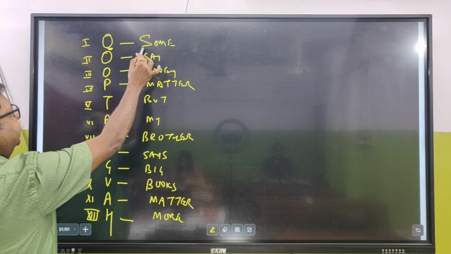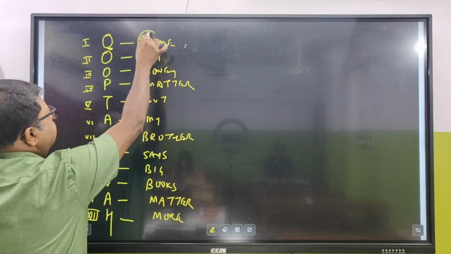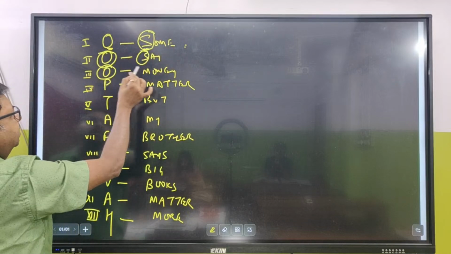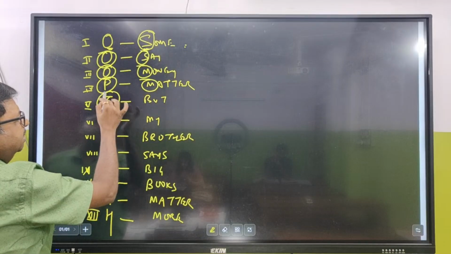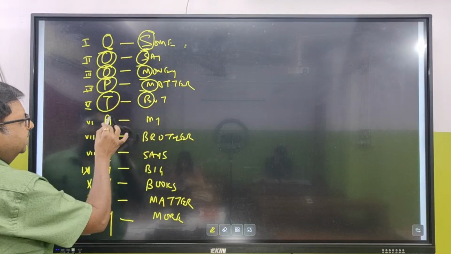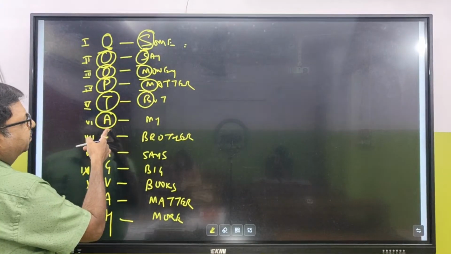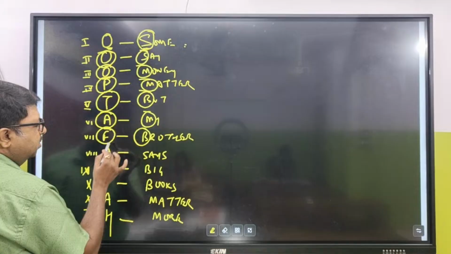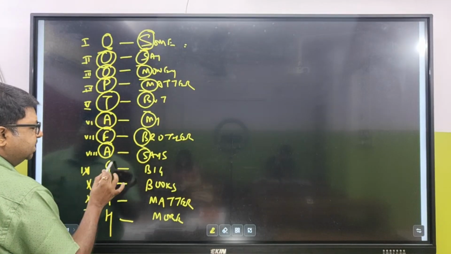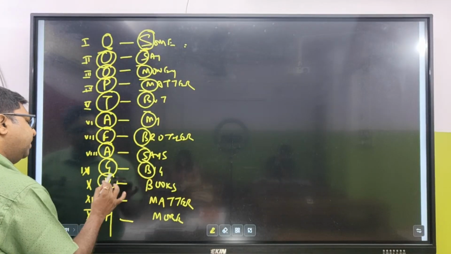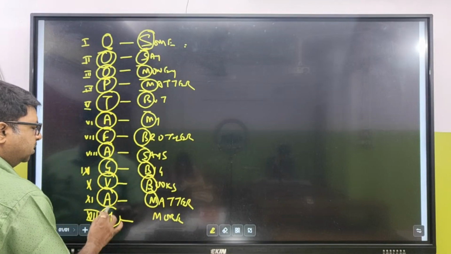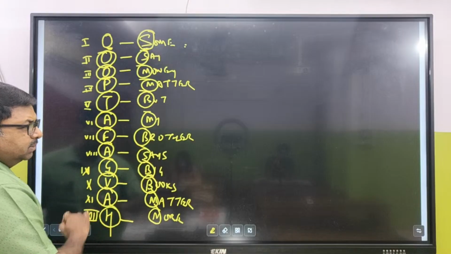The first one, olfactory, is sensory. Optic, sensory. Oculomotor, motor. Pathetic, motor. Trigeminal, both, mixed. Abducens, motor. Facial, both. Auditory, sensory. Glossopharyngeal, both. Vagus, both. Accessory spinal, motor. And then hypoglossal, motor.